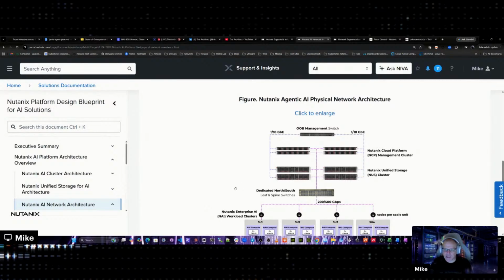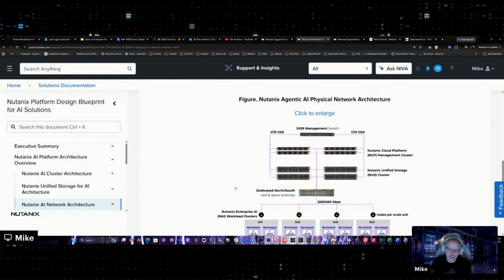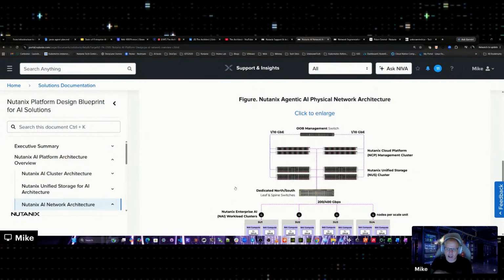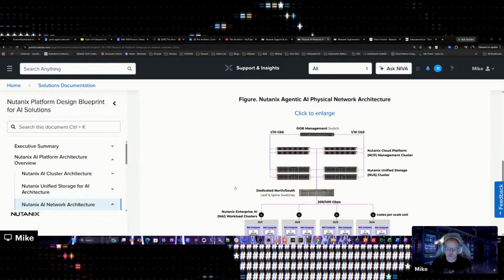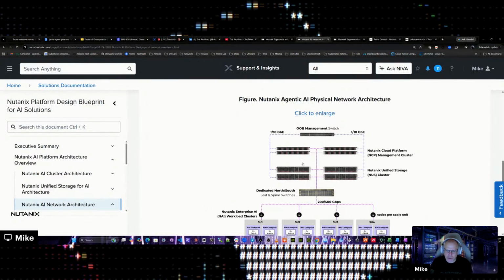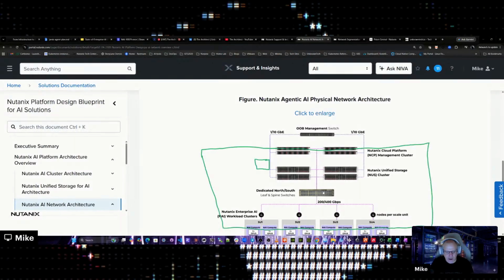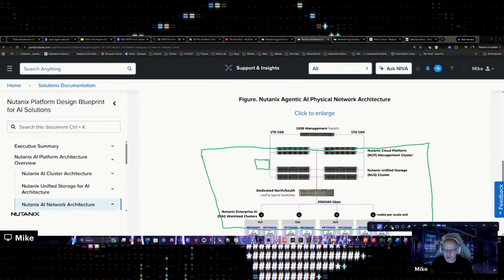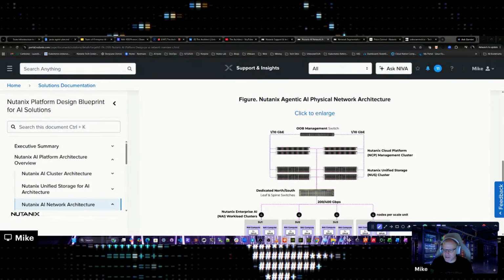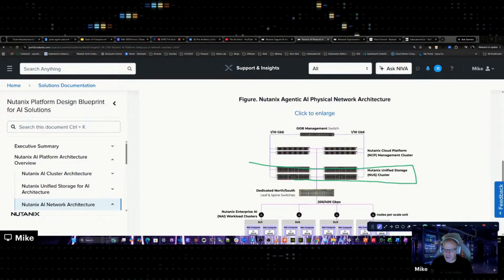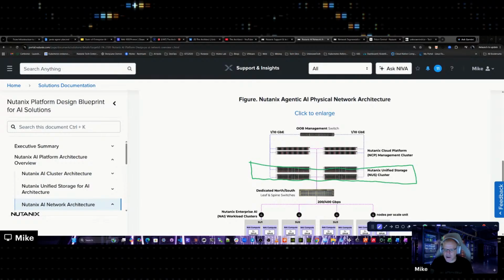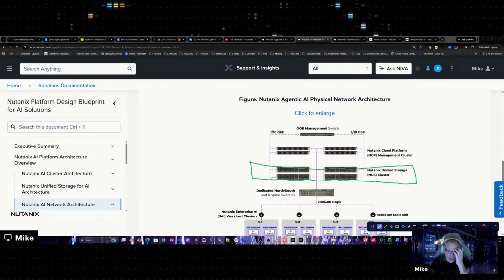The north-south connectivity is really around your workload, your application access. So your AI application, your agents, all of those things, that access, as well as your storage solution. So you can see here, we have the Nutanix Unified Storage Cluster sitting here. And by the way, don't count the number of nodes here.